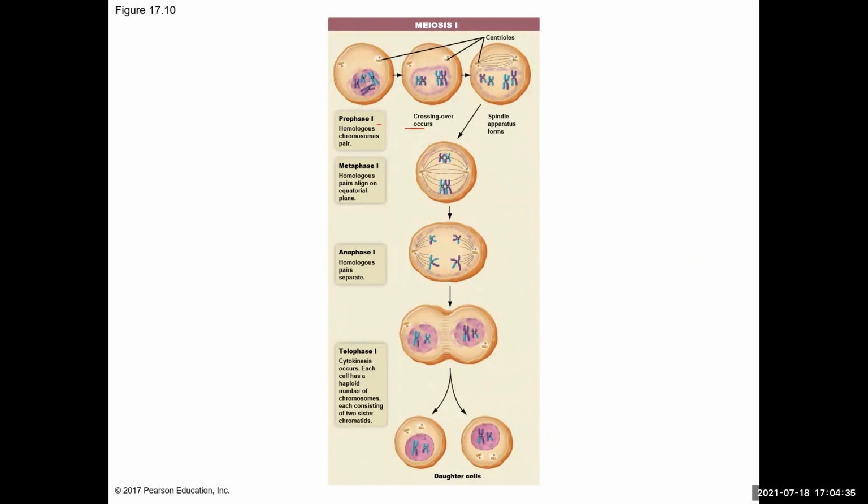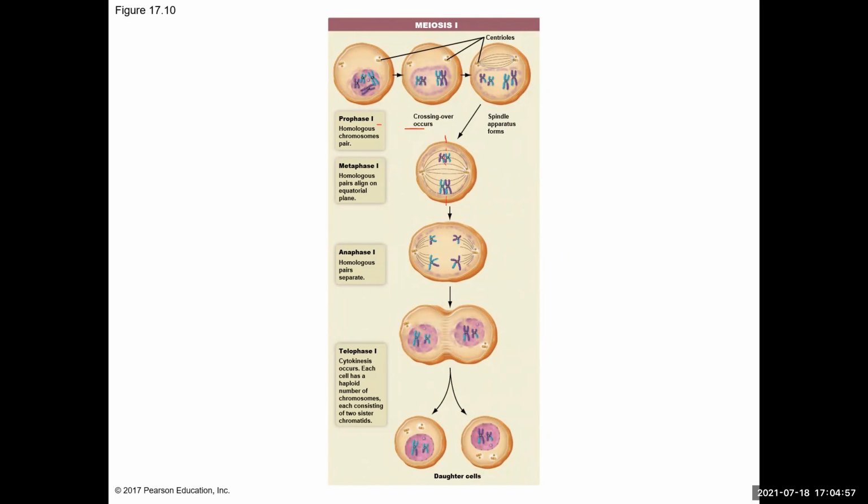And so notice here that the maternal and the paternal are on different sides, so they've independently assorted from one another. And then when anaphase happens, it splits these homologous chromosomes. So one copy of the homologous chromosomes goes to each pole.